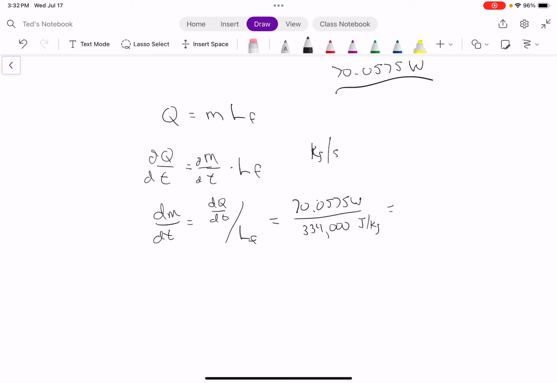And watts, of course, are joules per second. So the joules cancel, and I end up with kilograms per second as my units, as expected. And this is a very small number, 0.00021 kilograms per second.